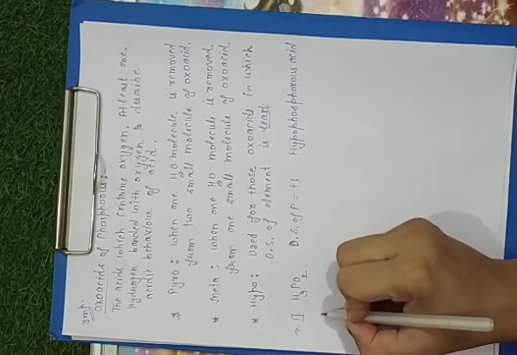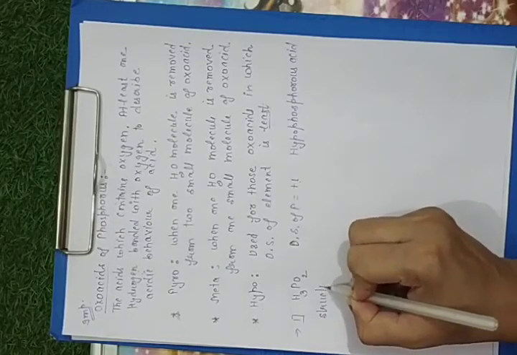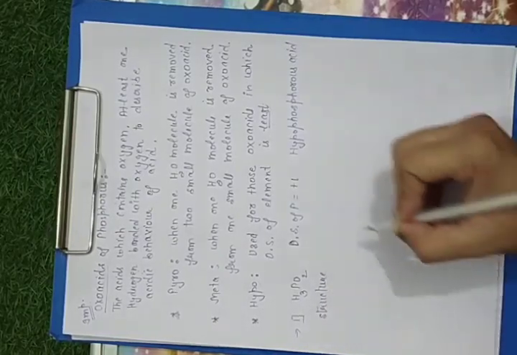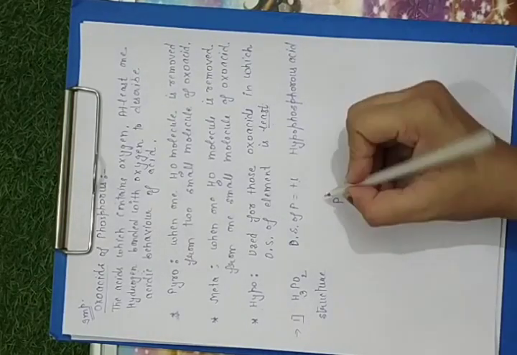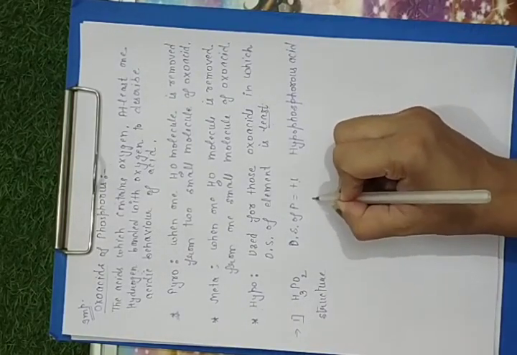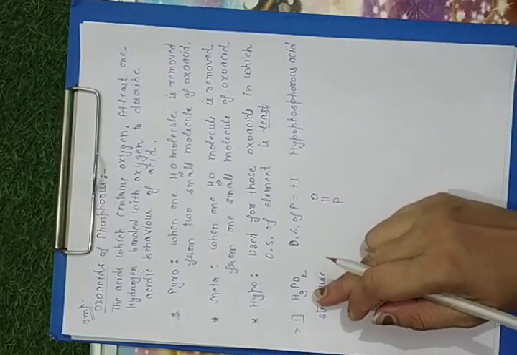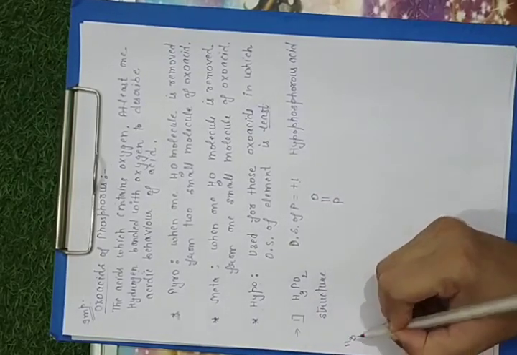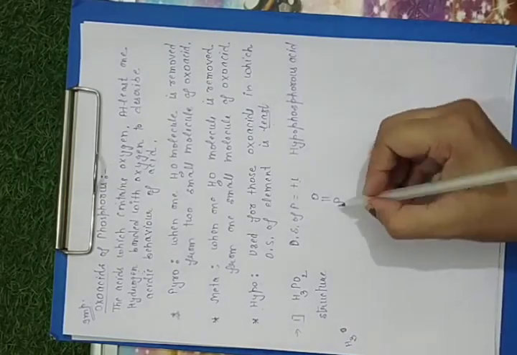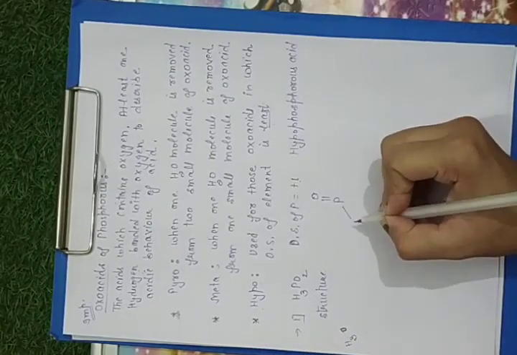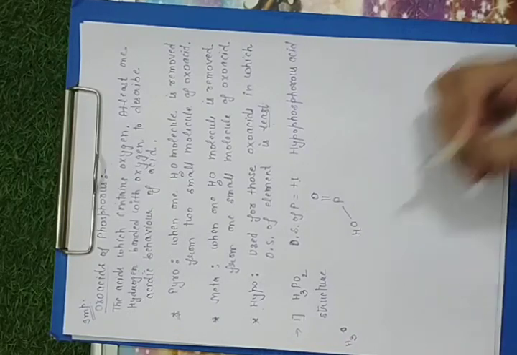Now draw its structure. Choose the central atom, that is phosphorus. Put one oxygen with a double bond. The remaining elements are 3 atoms of hydrogen and 1 atom of oxygen. Now after that, put one OH bond with the central atom.